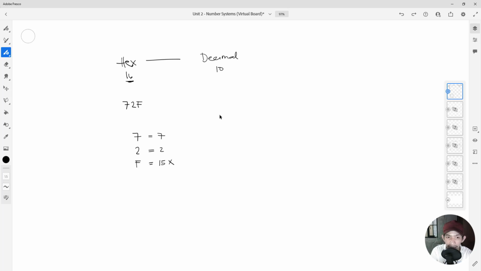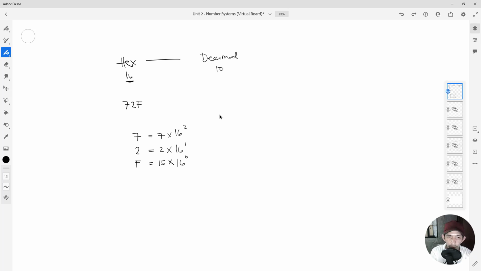Okay. In this case, multiply natin siya by base na 16. Then we're going to get the units, starting from 0, 1, 2.